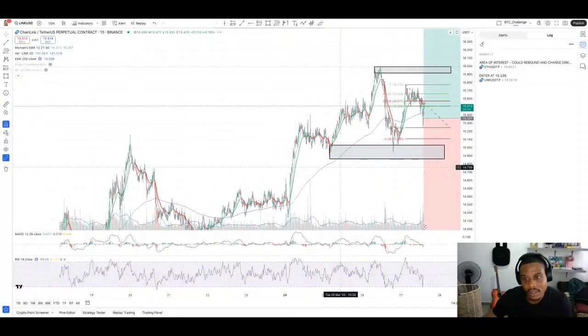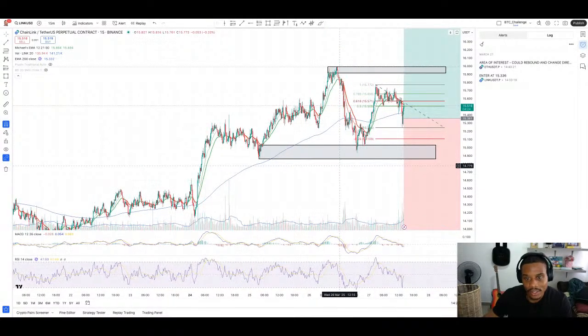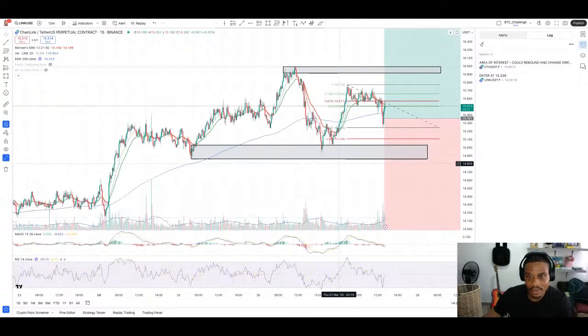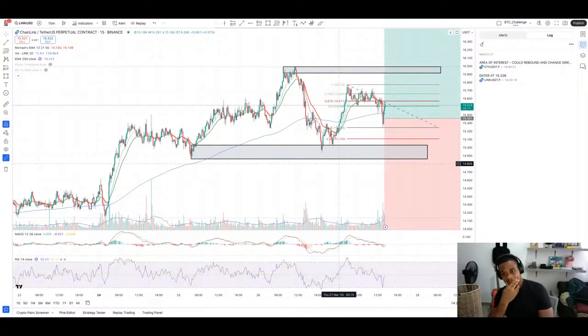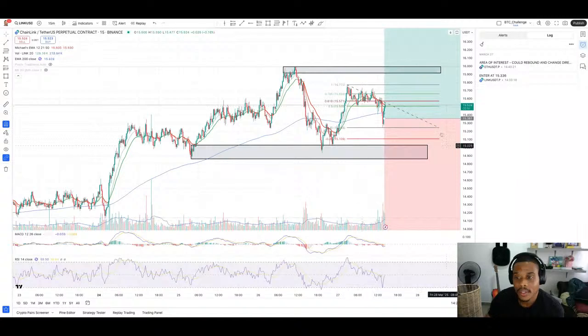Yeah, so you get a better sense of the structure now. So it's 50-50. This is not an easy trade. I think that's what it is.